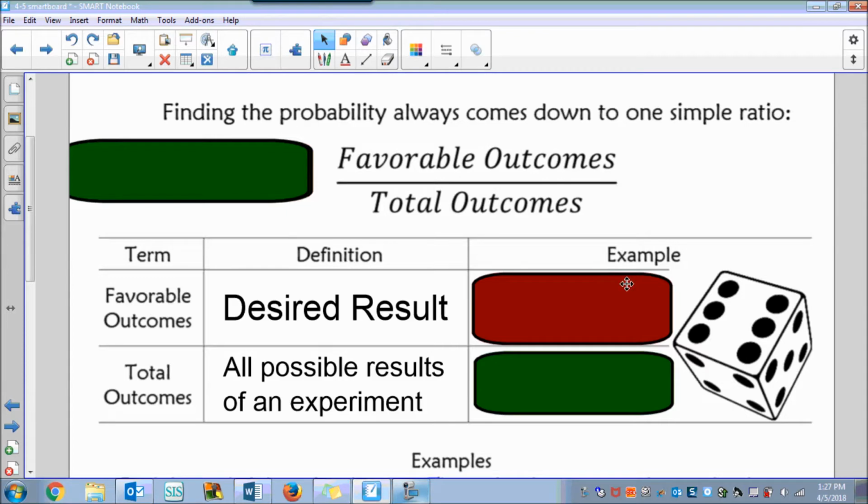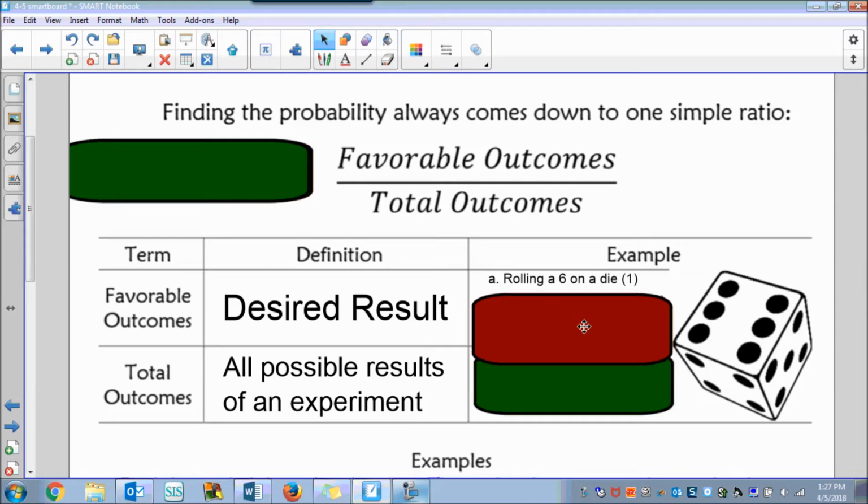So when I talk about a desired result, I'm talking about specifically what the question is talking about. One example is rolling a 6 on a die. There is one 6 on a die. The number of favorable outcomes there is 1, out of the total possible outcomes. If we talk about the chance of rolling an even number, well, a die has 1, 2, 3, 4, 5, and 6, so 2, 4, and 6 are even numbers.